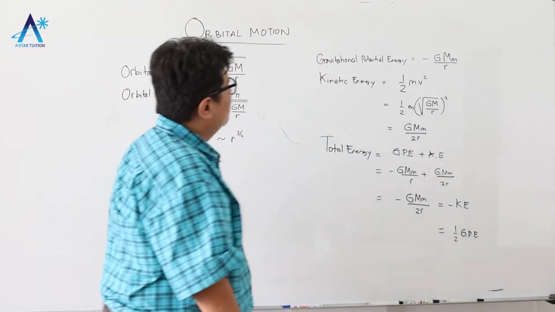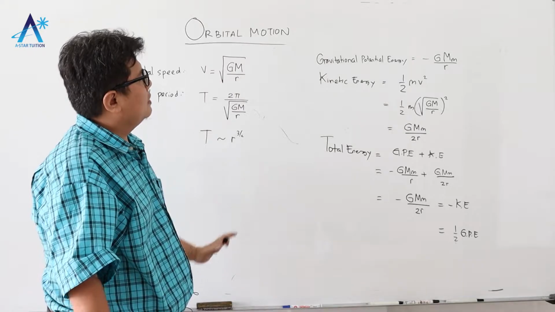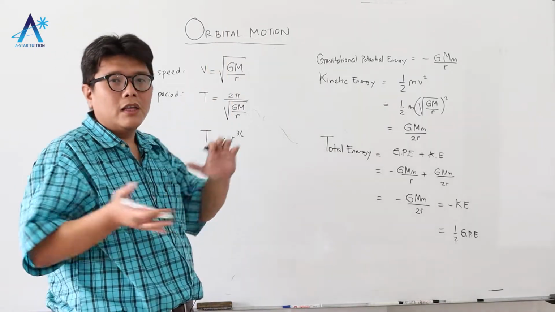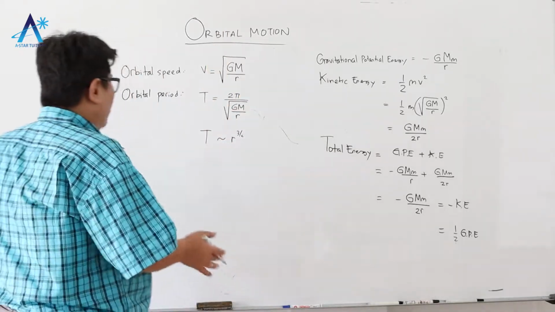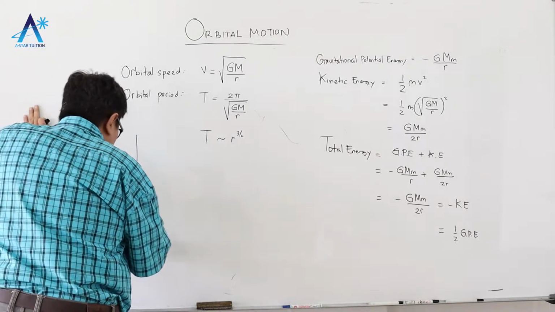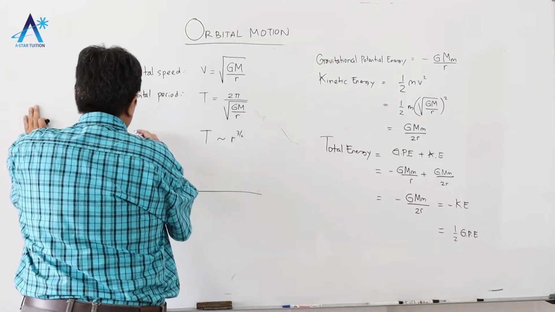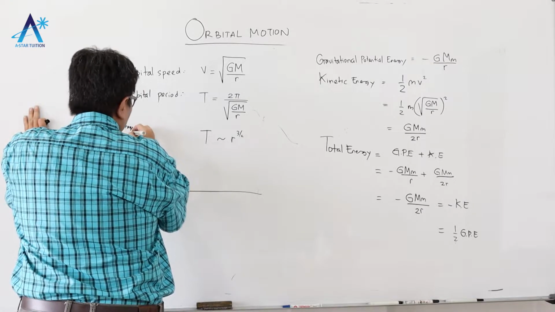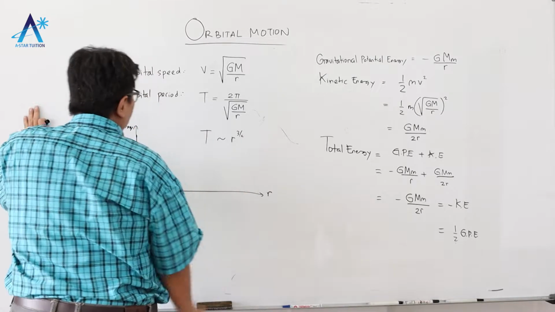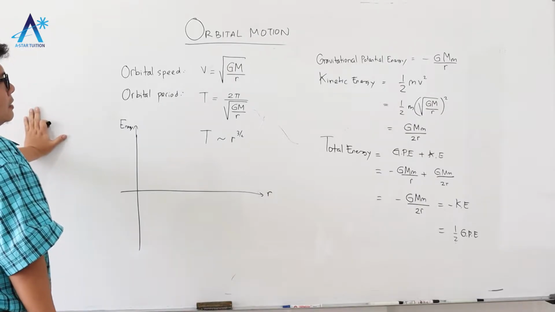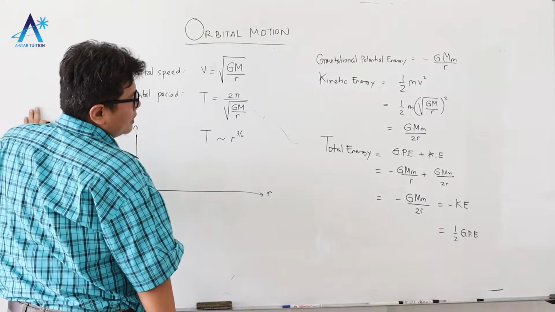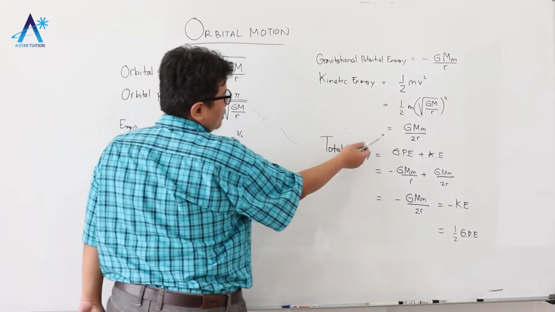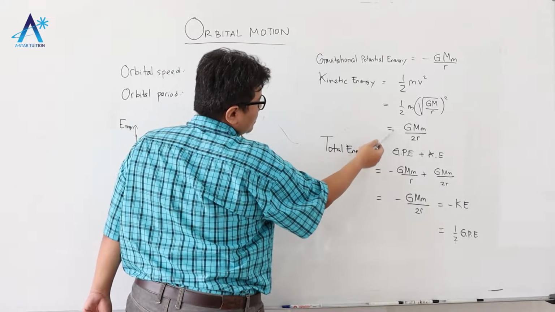Now in order to better understand this using a graphical method, I think it's better if we sketch the energy as a function of r. Remember, r is simply the orbital radius. For the kinetic energy, it is inversely proportional to r.